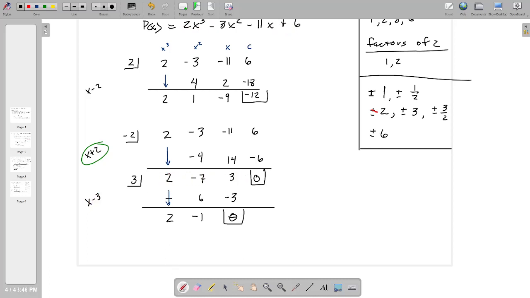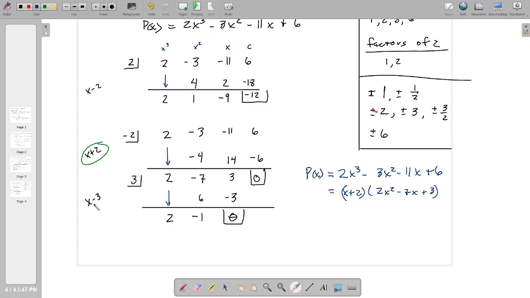Right? So what we're saying here now is that p of x is equal to 2x cubed minus 3x squared minus 11x plus 6. We found our first factor, which was x plus 2. So this polynomial factored into x plus 2 times the remaining coefficients here for our other polynomial. So 2x squared minus 7x plus 3.